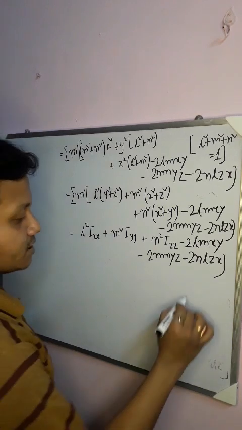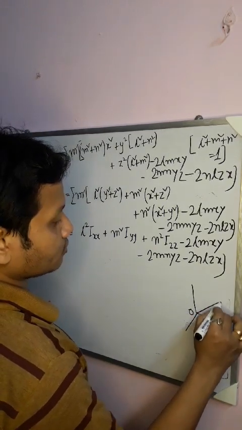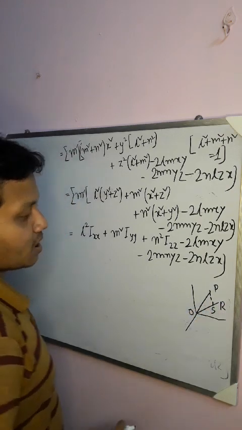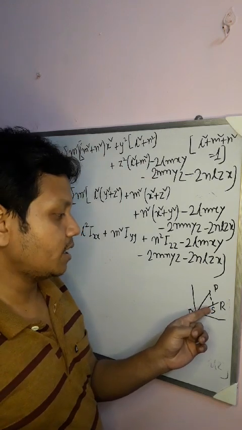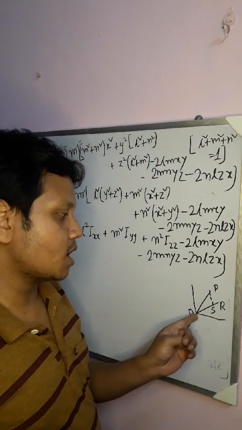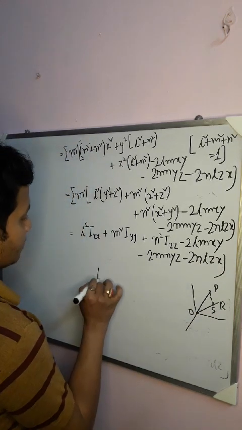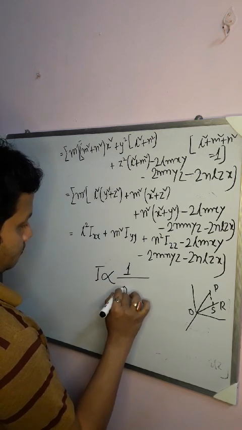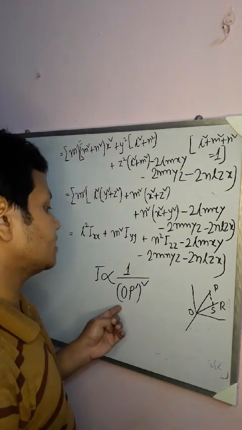Now in the picture we are going to find the moment of inertia about the axis OR, and we take a point P there. This is S. So along the axis OR, let us take a point P dash in such a way that I is proportional to 1 by OP dash square, such that this relation holds good.